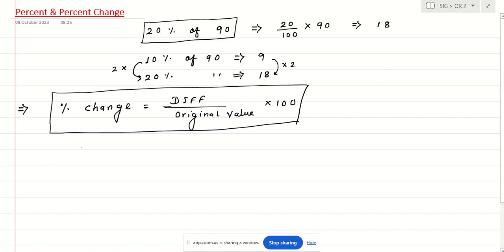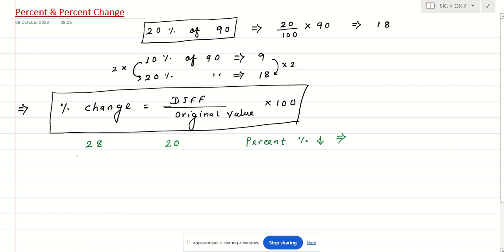You understand? Let's say I have a number 28. I have one more number, that is 20. If the question is to find the percentage decrement, how do we do it? Decrement means from where to where?